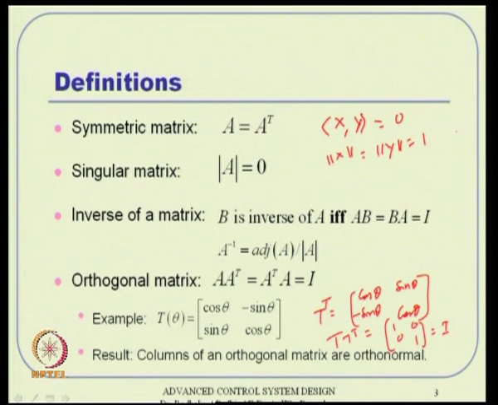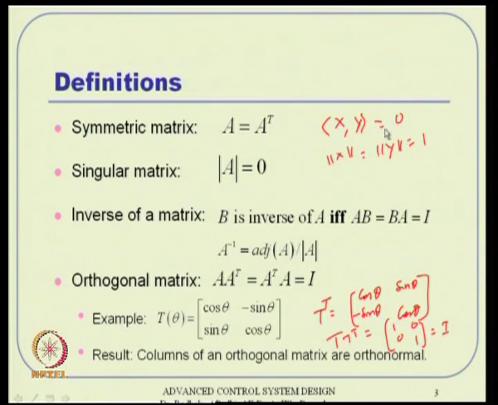And you can see that cos square theta plus sin square theta is equal to 1, and it also happens to be the same thing for column 2. And then if you take the inner product, cos theta into negative sin theta, that is minus sin theta cos theta plus sin theta cos theta, that happens to be 0.